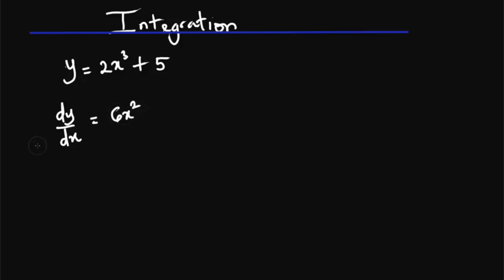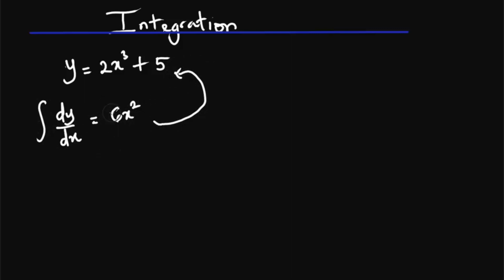This is the derivative. Now, in order to go back to the original function, I have to integrate. In the process of integration, the purpose is to go back to the original function.